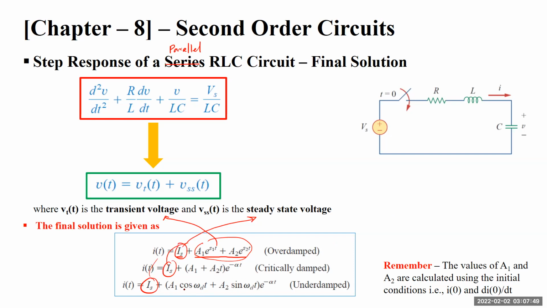And once we have this response with us, how do we calculate the values of A1 and A2? Oh, sorry, this circuit is from the previous slide. Our circuit here is something like this.